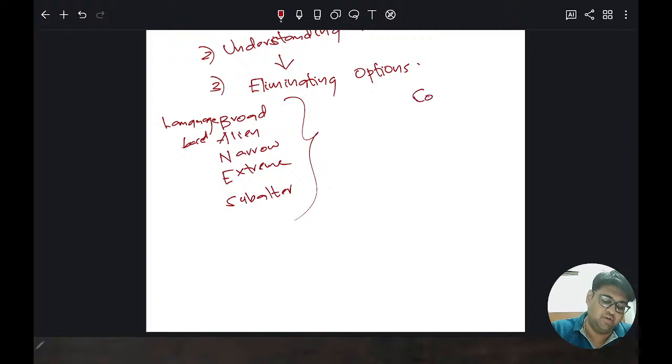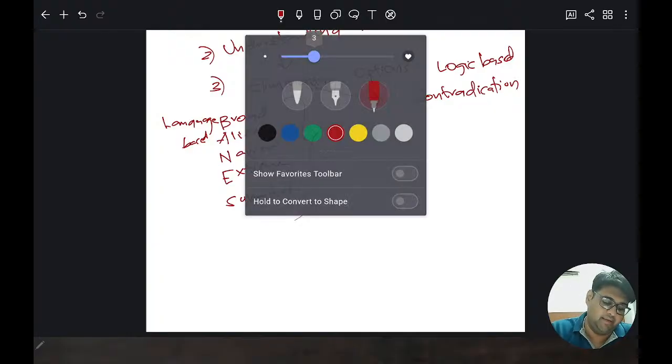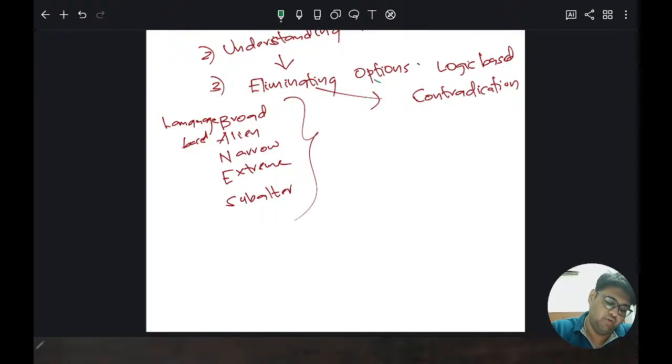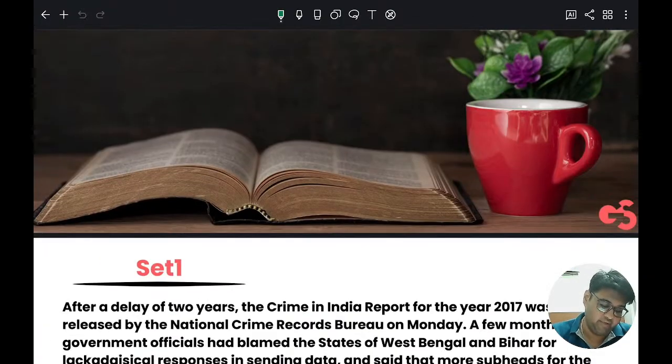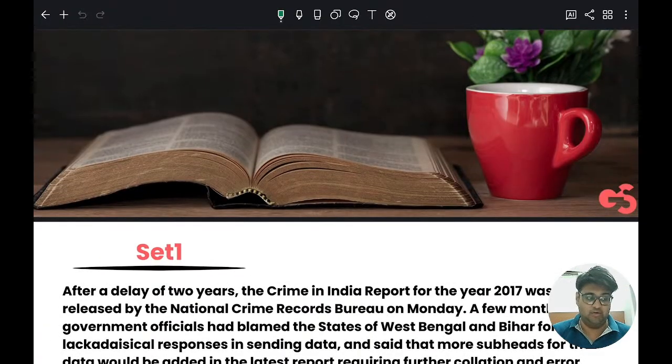C means contradiction, and this is not a language-based trigger, it is a logic-based trigger. You should pay a lot of attention to these logic-based triggers while eliminating your answer choices. Before wasting much time, I'm going into the practice now.